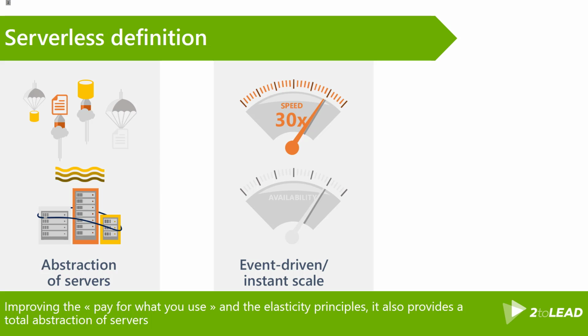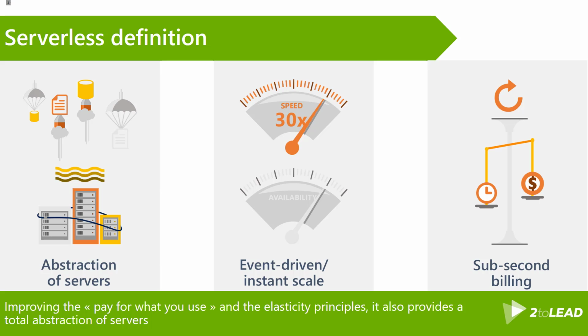The idea is serverless services should scale in a matter of seconds, and that's about it. And the billing is super close to what you're using, by the second. In the case of Azure, we'll talk about that later, they bill you per gigabyte you're using per second.